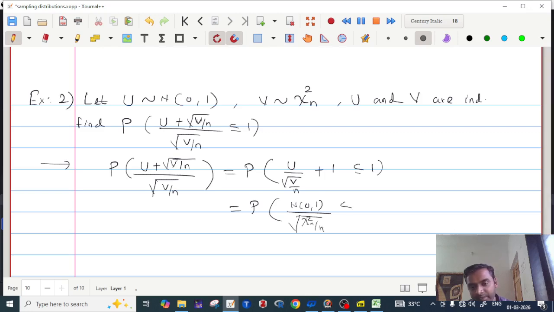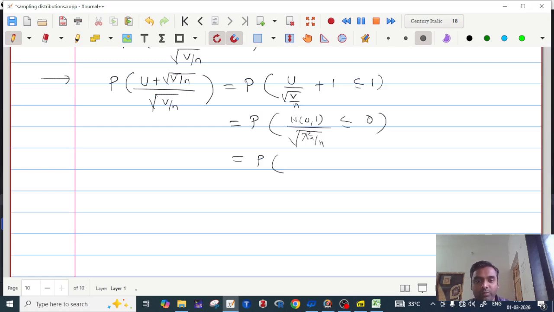Taking the 1 to the other side, we get the probability of normal 0, 1 upon the square root of chi square n upon n, which is nothing but t with n. As we know, the t distribution is symmetric about its mean 0. The probability of t less than or equal to 0 and of t greater than or equal to 0 is 0.5.